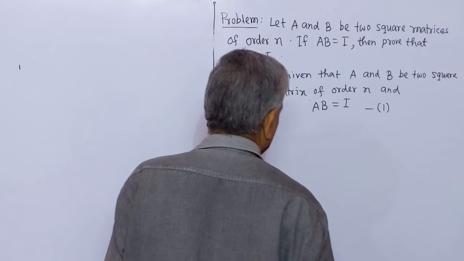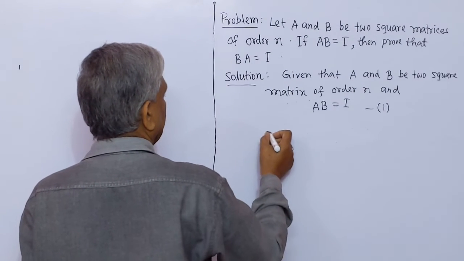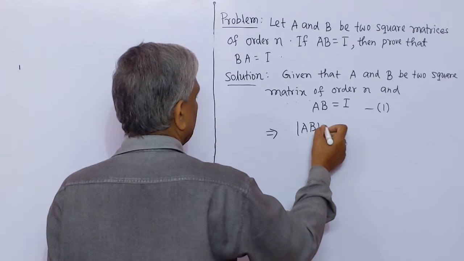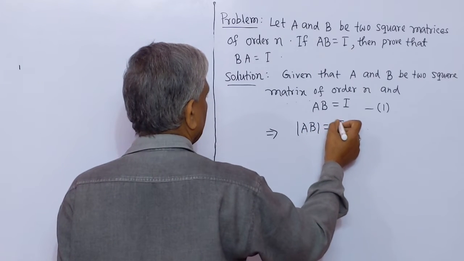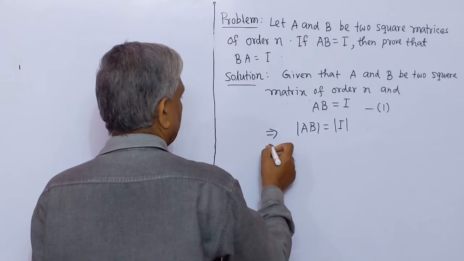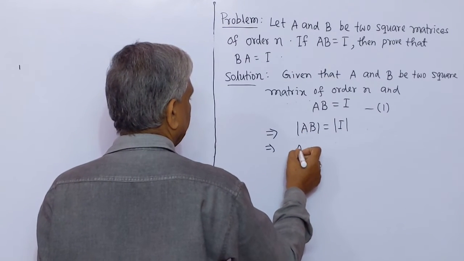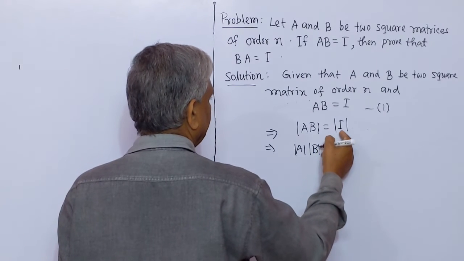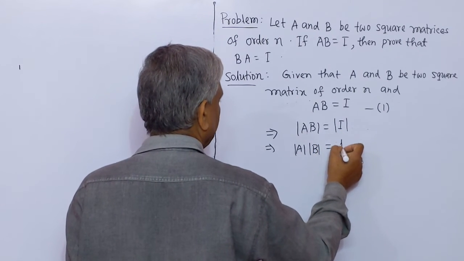This is number 1. Implies that determinant of AB equal to determinant of unit matrix. This is equal to determinant of A multiply determinant of B, and determinant of unit matrix is 1.